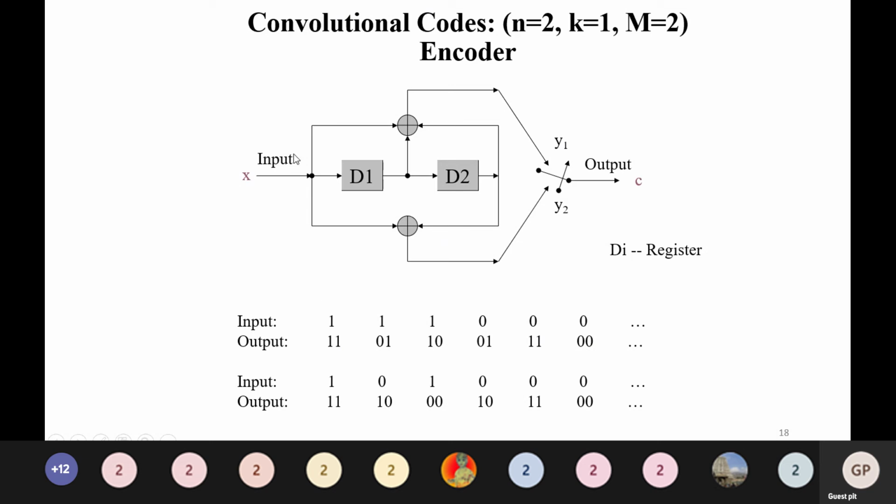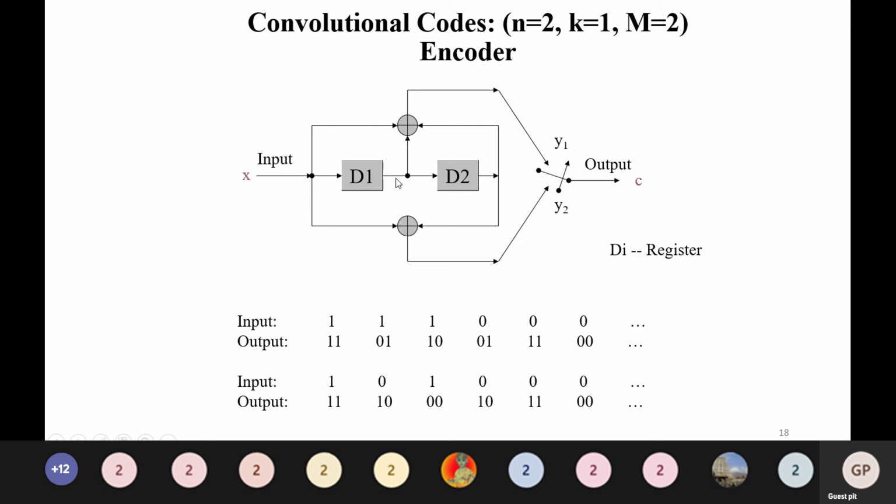If you pass the input bits, binary 1 comes here. Initially some bit will be residing there. So 1 comes in for the first clock pulse, and the next bit goes out.